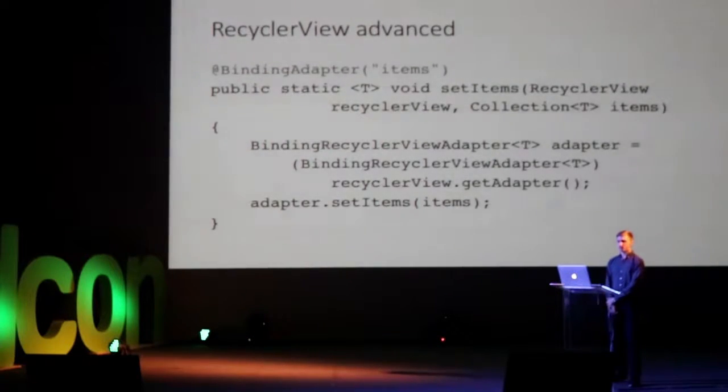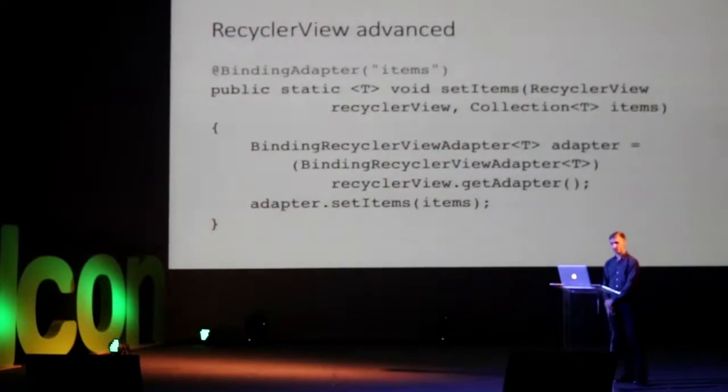So you can create a binding adapter that creates an attribute called items. You apply that to the RecyclerView and take in a collection of T that has a reference to all the items. Then you create a BindingRecyclerViewAdapter.